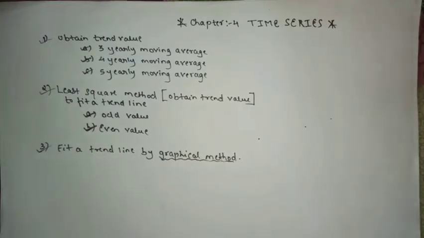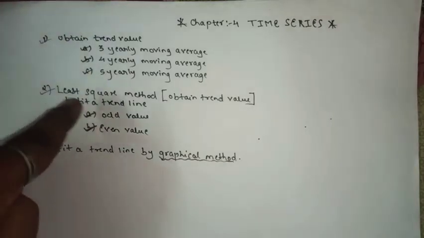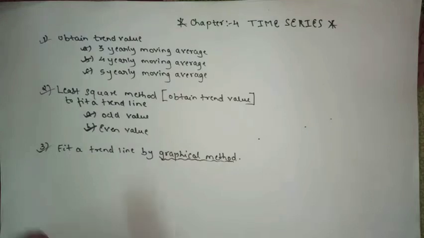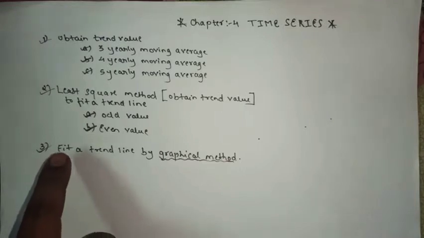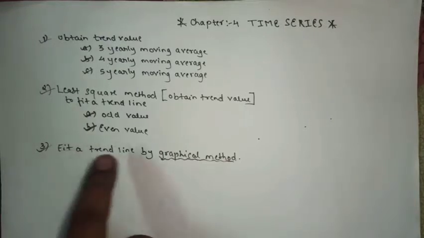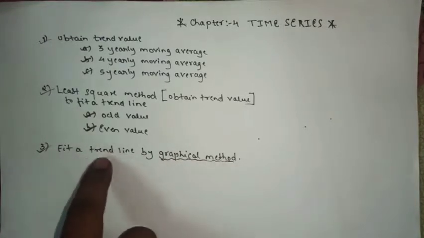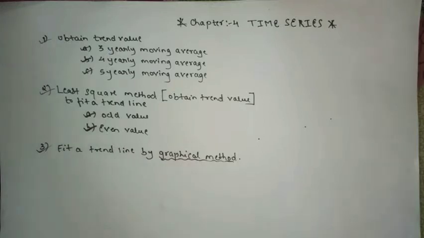For a while just keep in mind, type number 2 is the least square method, with two subtypes: odd values and even values. And type number 3 is a graphical method where you have to fit a trend line. Understood? So remember type number 3 as the graphical method.